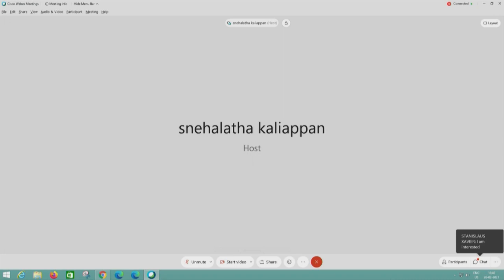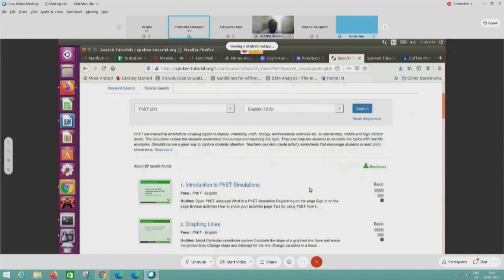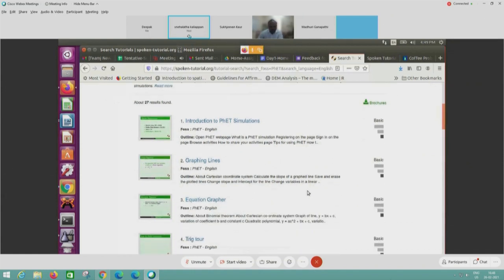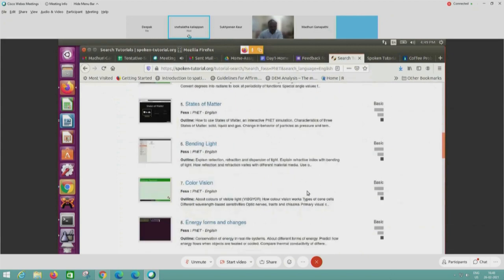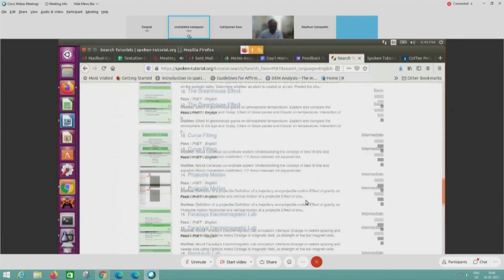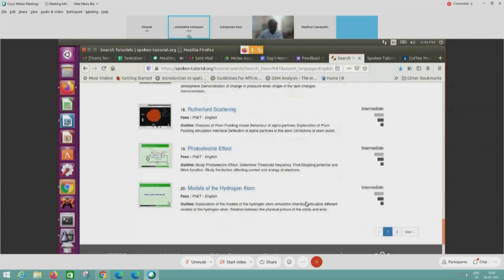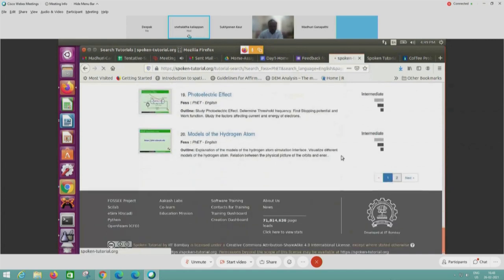So I can show you the tutorials. PhET simulations are very, very useful. They are very interactive, and they cover all the subjects. There are around 125 simulations which cover physics, chemistry, mathematics, geography, and lots of others. We have created tutorials on how to use them, with a lot of examples given.